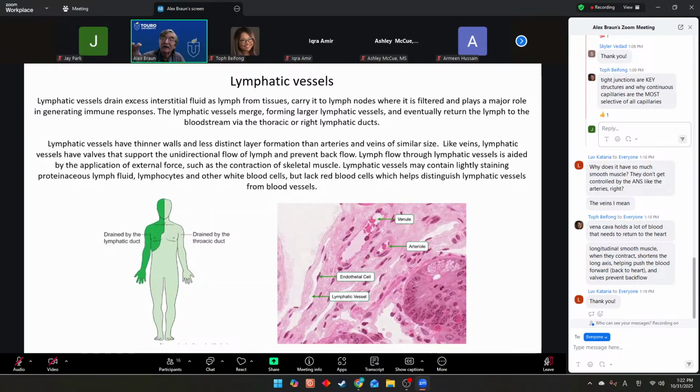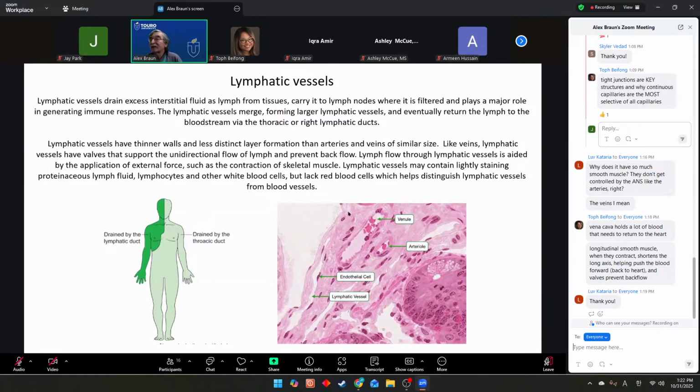Most of the fluid returns back into the blood vasculature to be returned to the heart, but some of the fluid does not return back to the heart. So that fluid must be picked up. The excess fluid, which does not return to the heart at the venous end of capillary beds, is returned back to the blood vascular system via the lymphatic system.